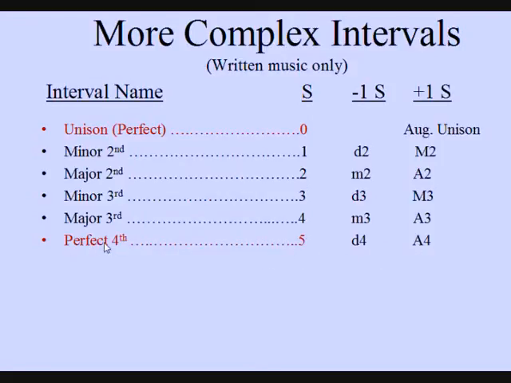The perfect 4th, when it loses one semitone, becomes a diminished 4th. Therefore, it doesn't actually become minor or major. It becomes a diminished, or when it's added one semitone, an augmented 4th.